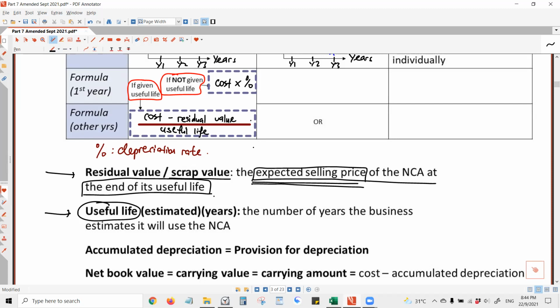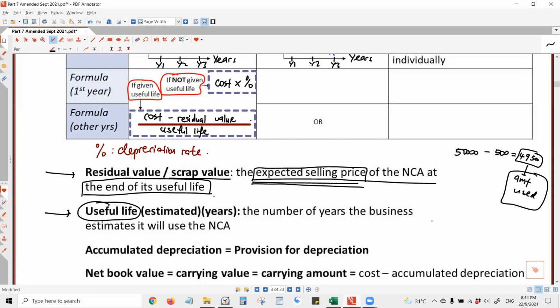So you see, it's quite logical. If you bought the furniture for $50,000 earlier, and if you still can sell it for $500 after 5 years, it means that throughout the 5 years, you have used a total of $49,500 worth of that furniture. This is the amount used throughout the 5 years. Okay, so let me repeat.